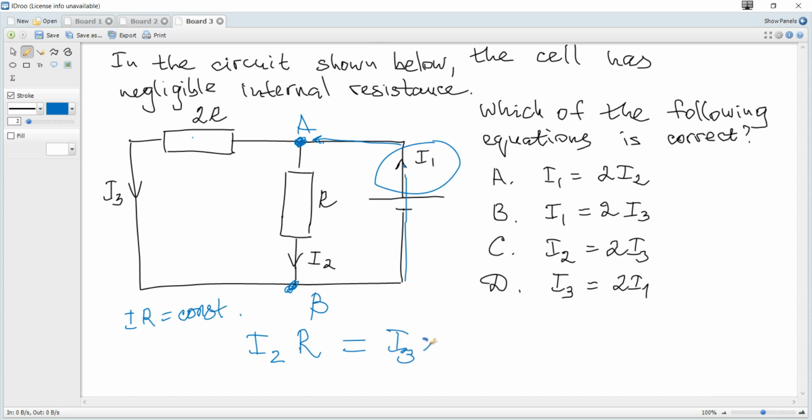I3 times 2R. R cancels and we get that I2 is 2I3. And that's all for this question.